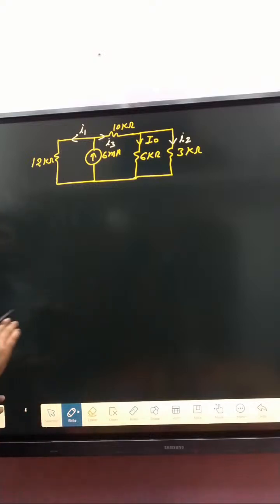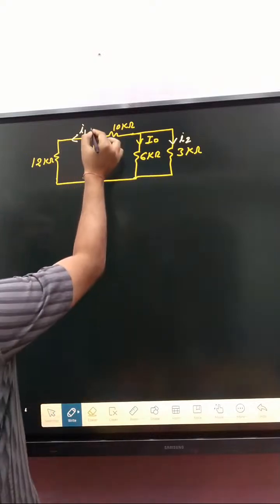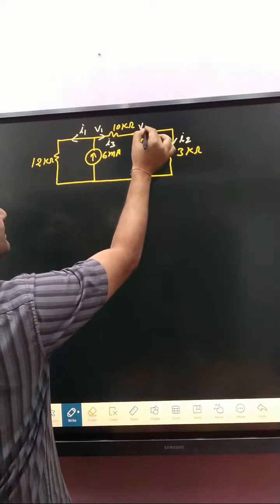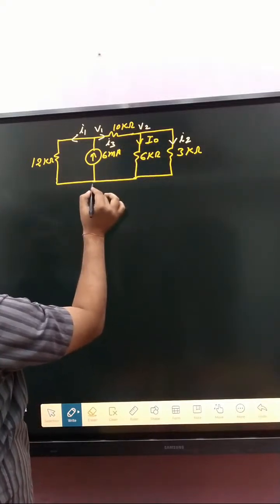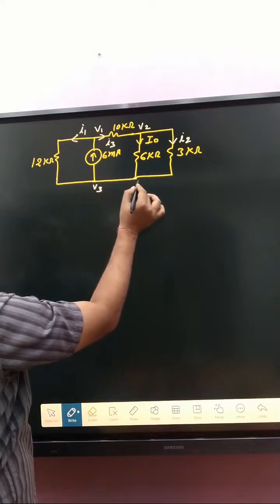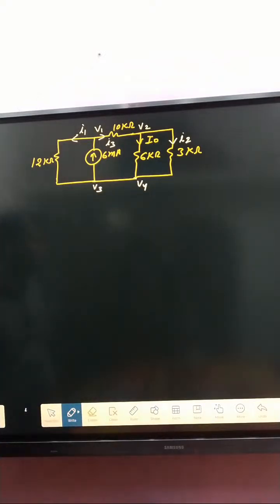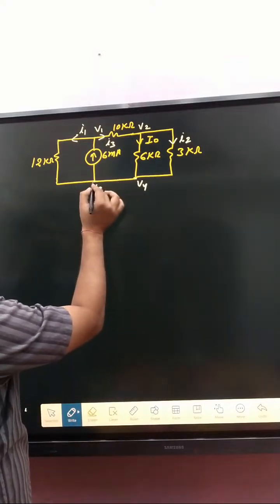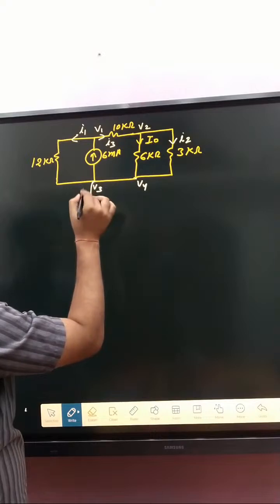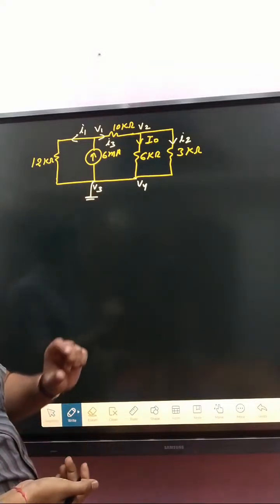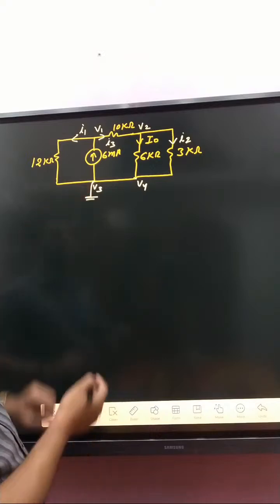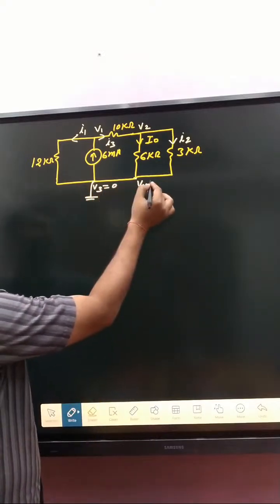After that, decide the node voltages. That one is V1, that one is V2, and that one is V3, and that is V3. This is V3, and that is V4. Take the datum node, which means the reference node. If this one is 0 voltage, then that is also 0.